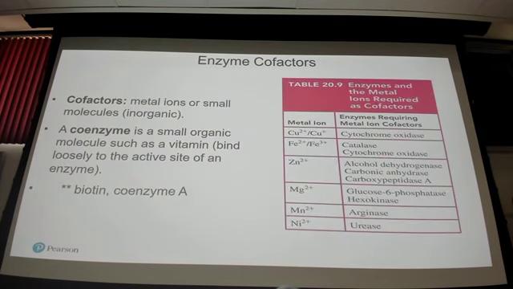Here are some examples of cofactors. They're inorganic metals and the enzymes that they work with. You guys don't need to know these. But cofactors are inorganic metal ions. Coenzymes are vitamin derivatives, and we're going to talk about many examples of that.